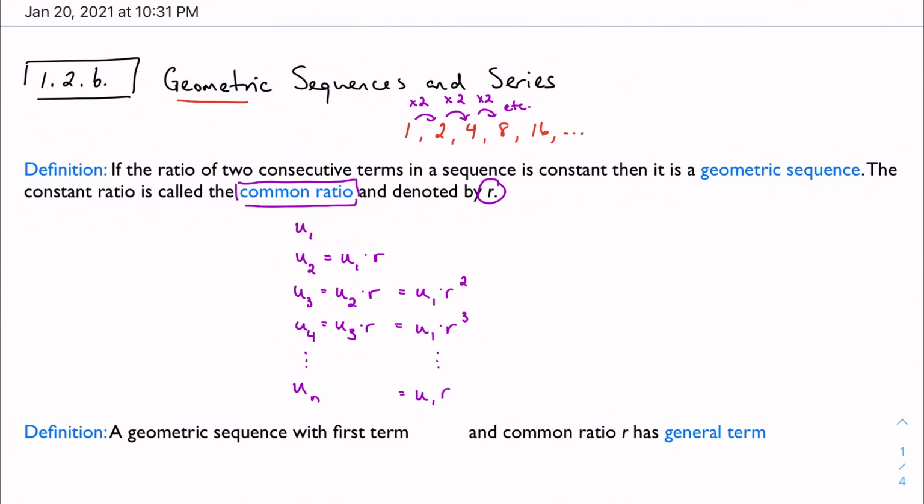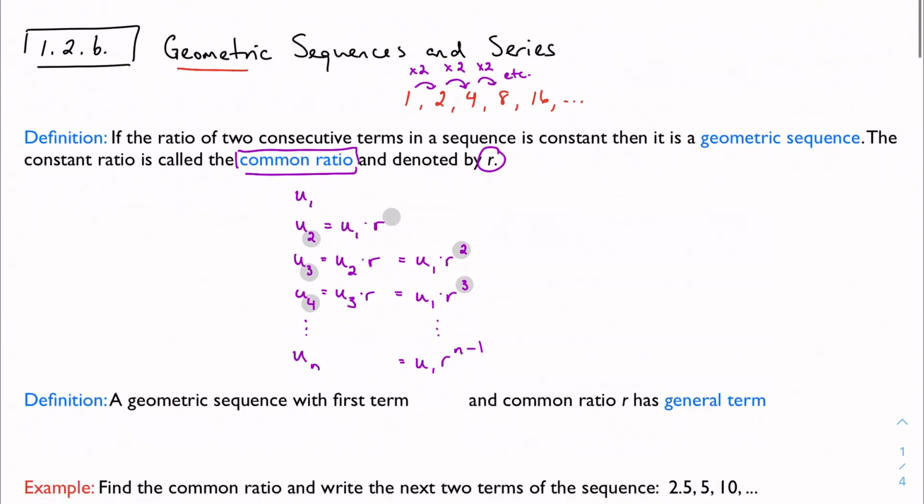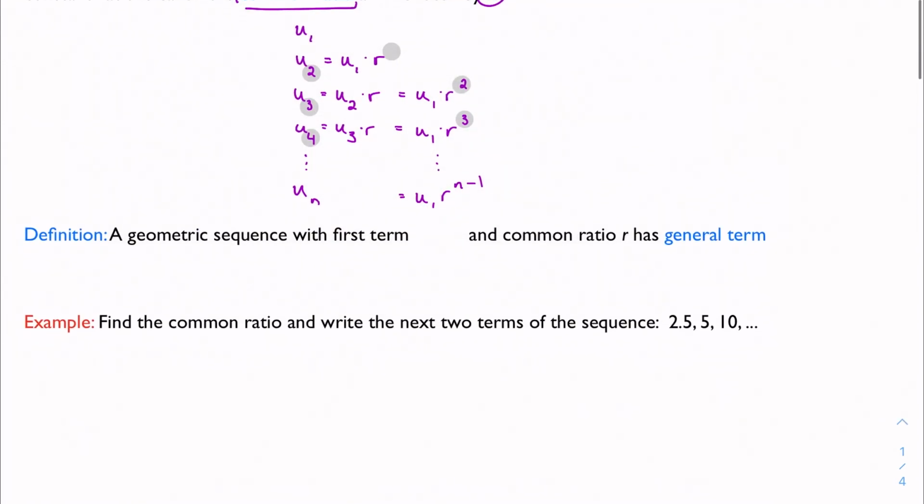Well, if you've noticed, again, to get to my second term, I've multiplied by r once, third term twice, fourth term 3 times, nth term n minus 1 times, always one fewer r than the term number I'm on. And sure enough, this is going to be my general term of a geometric sequence. I'm just going to call it GS for now.